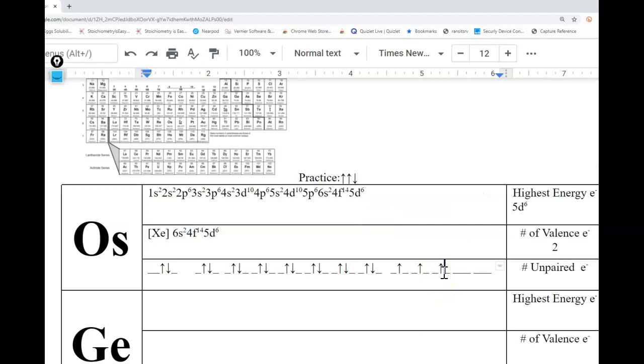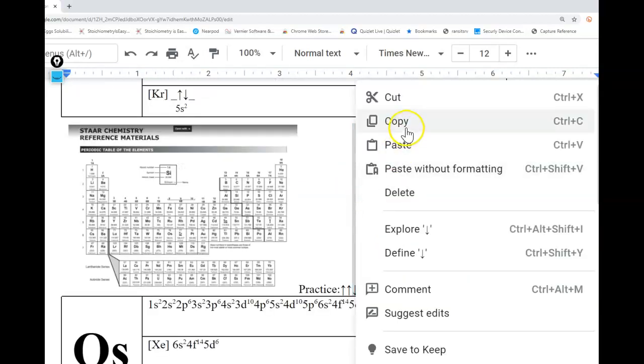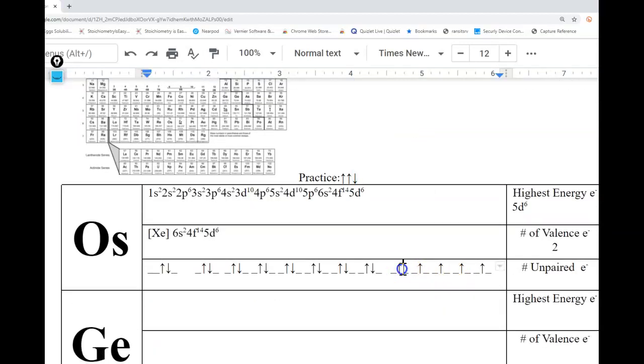The first 5 are going to go into the orbital locations by themselves, and only the final electron will pair up in the very first place. So I'm going to show that final electron right here, paste it in, and there I have my s, my f and my d orbital locations.